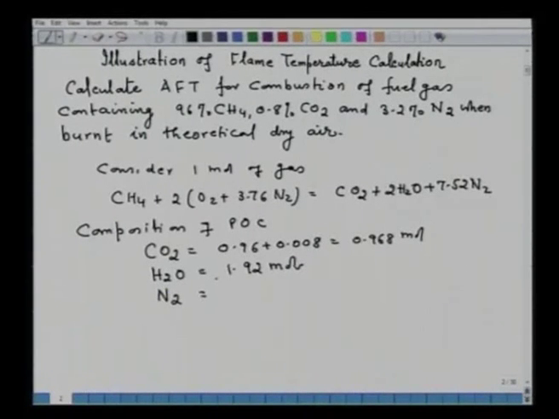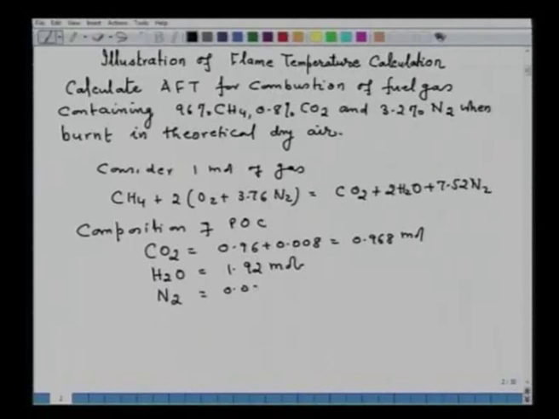Also don't forget to add the nitrogen which is present in the fuel. So, this becomes 0.032 plus 7.22 and that is equal to 7.25 moles. So, now we have before us the products of combustion with their amounts: CO2 0.968 mole, H2O 1.92 mole and nitrogen 7.25 moles.